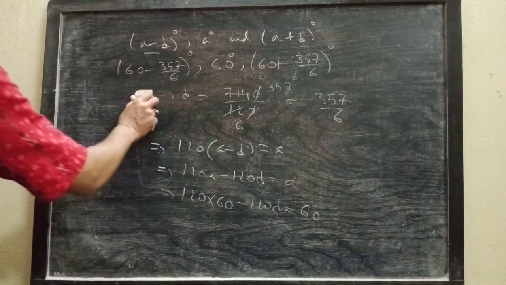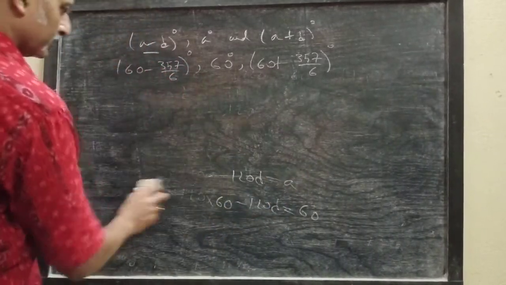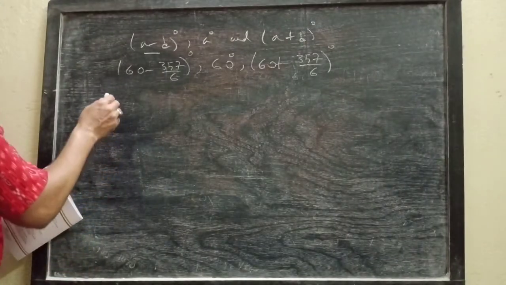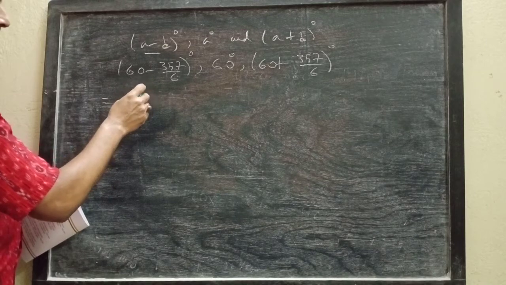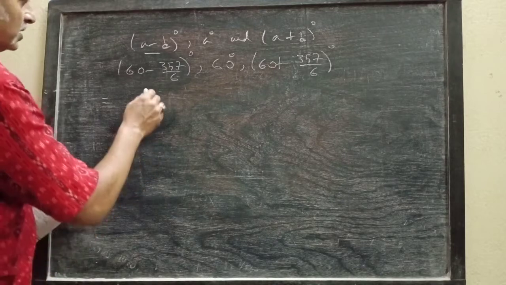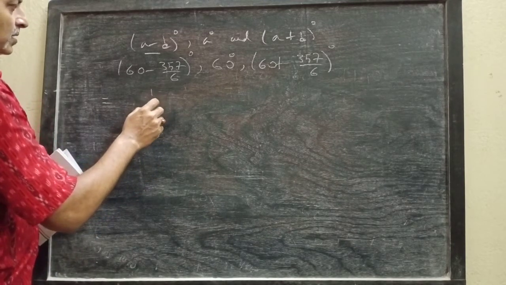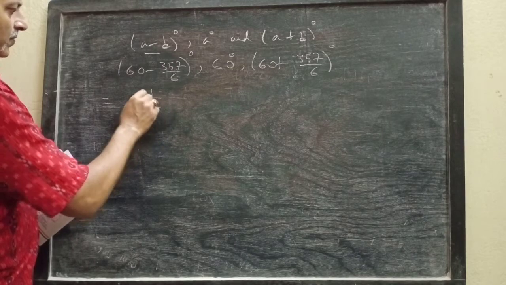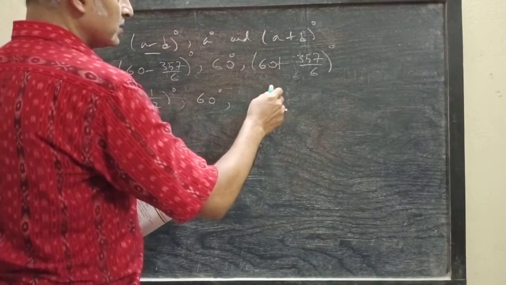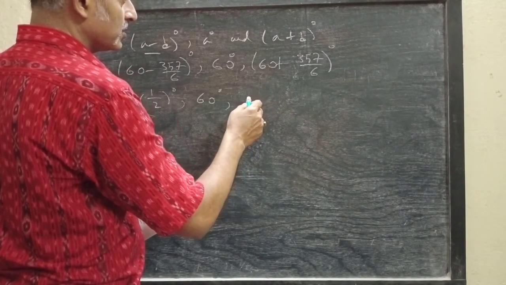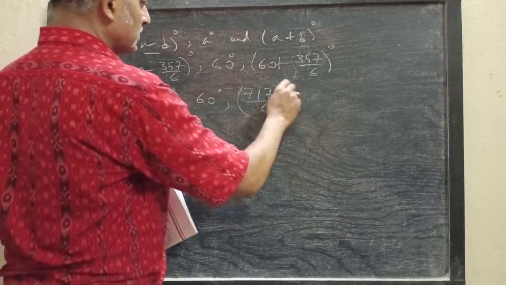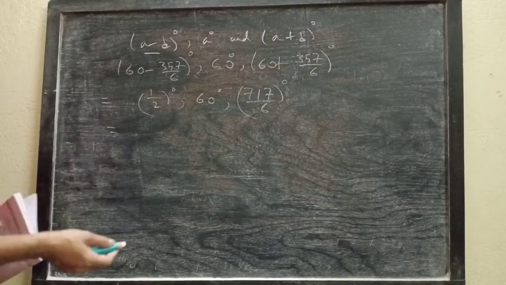So let us simplify them. 360 minus 357, that is 3 by 6, half degree, 60 degree, and 717 by 6 degree.